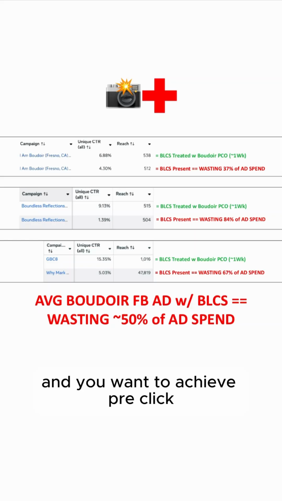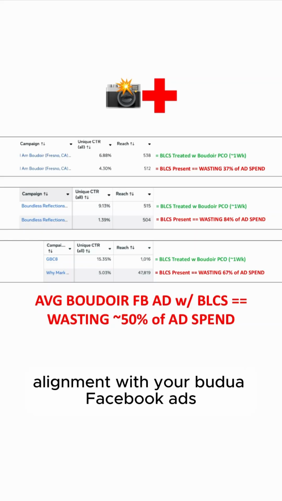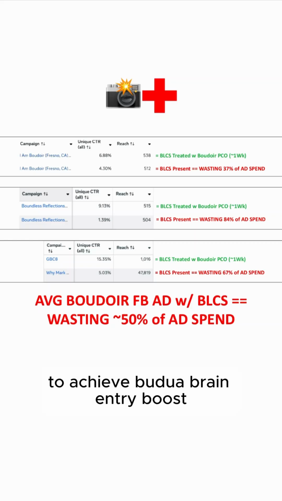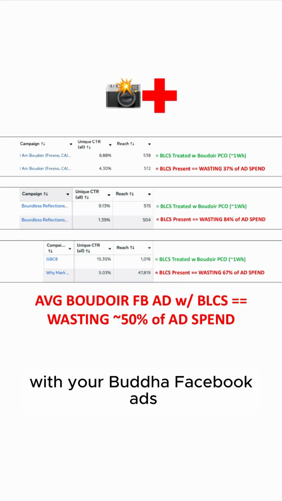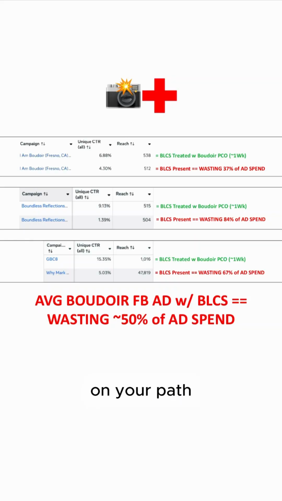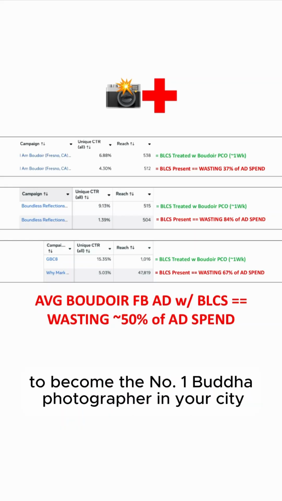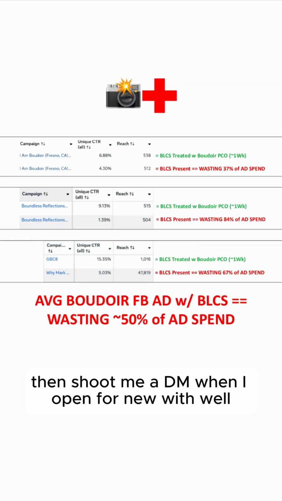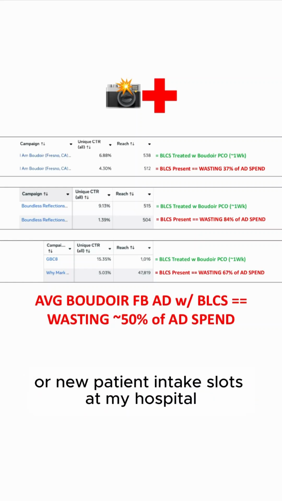And you want to achieve pre-click alignment with your boudoir Facebook ads to become a dominant boudoir advertiser, to achieve boudoir brain entry boost with your boudoir Facebook ads, because you know this is required on your path to becoming the number one boudoir photographer in your city. Then shoot me a DM when I open for new boudoir photographer, or new patient, intake slots at my hospital.